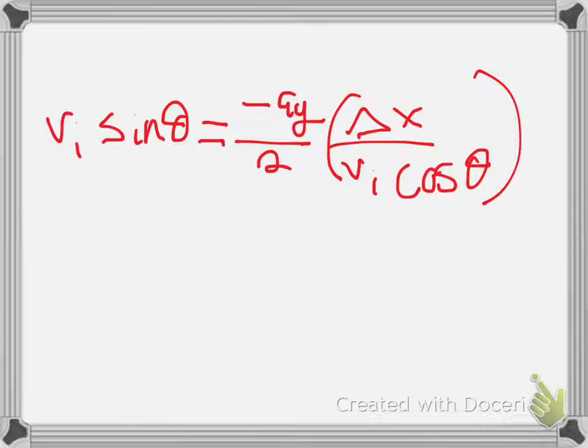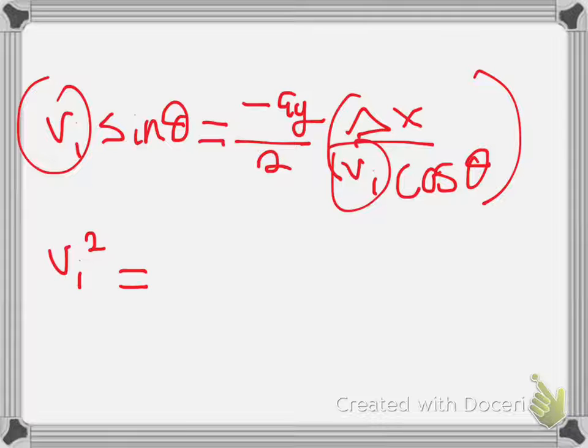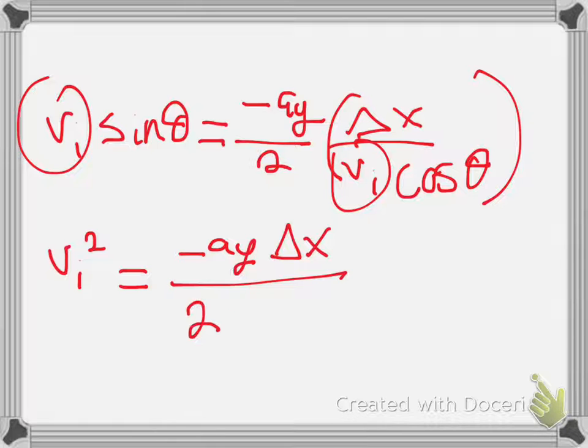You'll notice that we have initial velocity here and here. We want to isolate initial velocity because that's what we're trying to solve for. By moving things around, we wind up with initial velocity squared equaling negative acceleration of y times the change in x over 2 sine of theta cosine of theta.